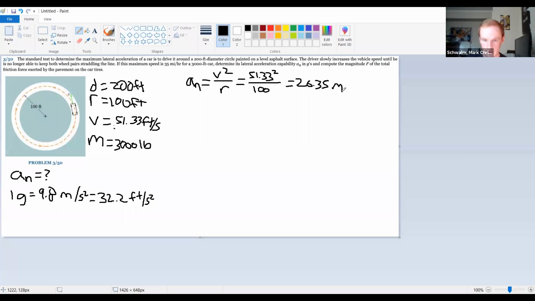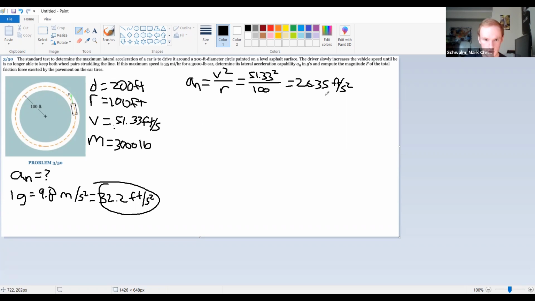Wait, no, sorry. Feet per second squared. And then in order to get this to G's, we have this little unit conversion over here.